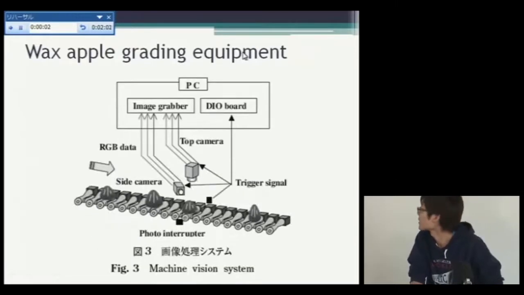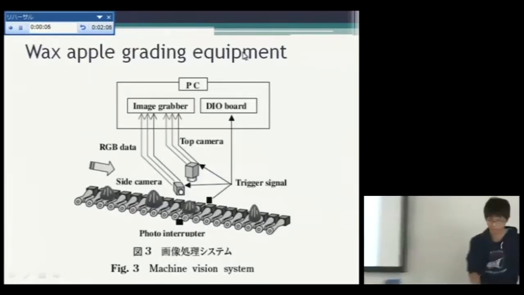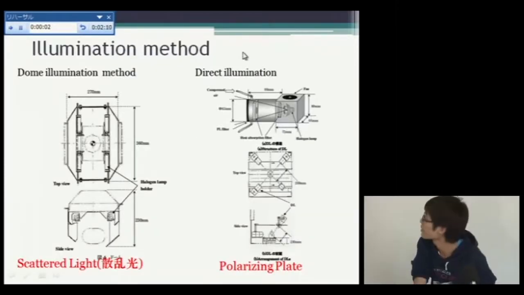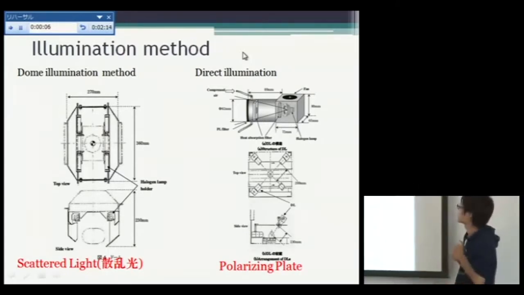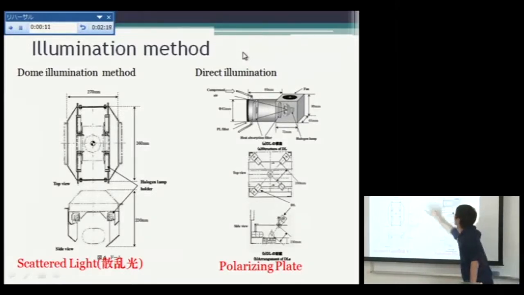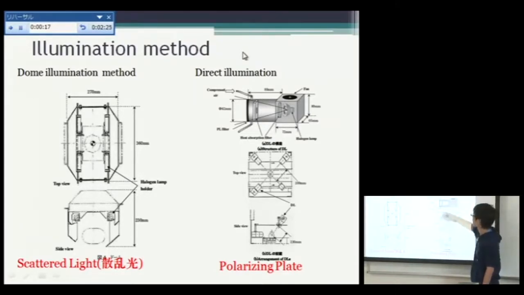And sorry, this is the equipment. And in this machine, we try two patterns of lighting. One is the dome illumination method. Two is direct illumination.